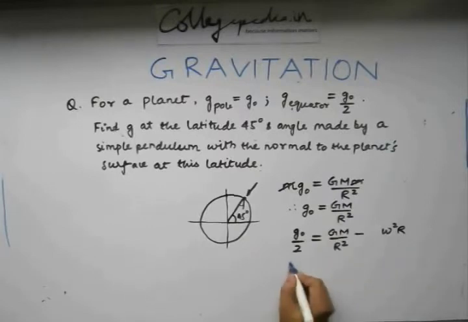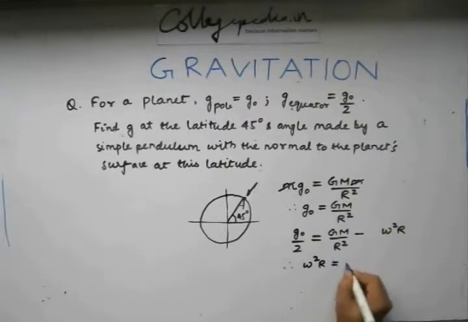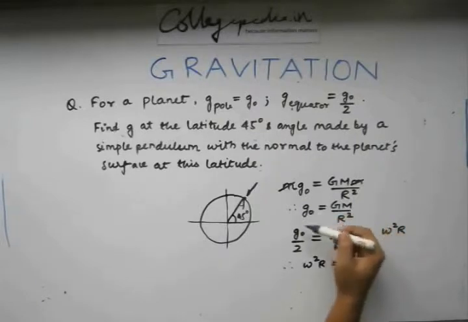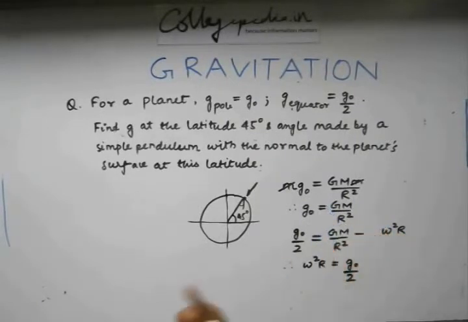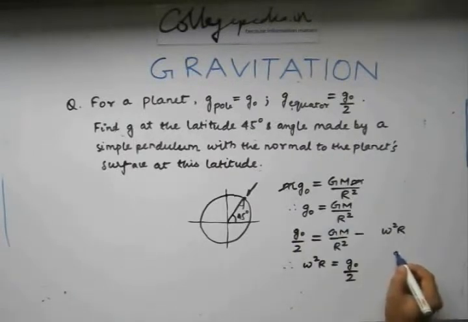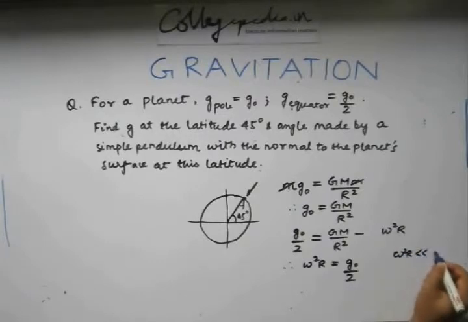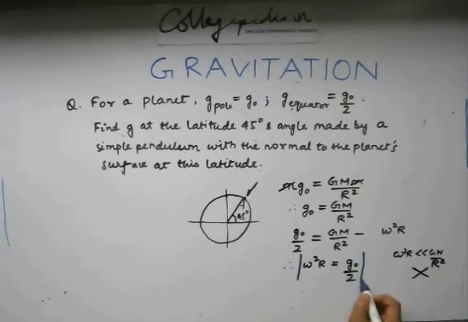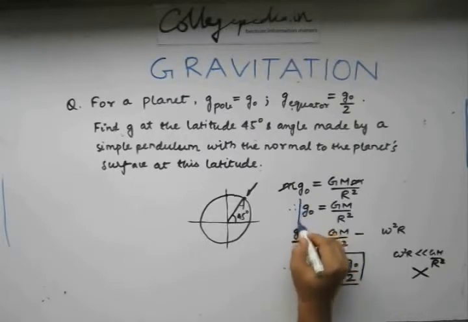From this, we can say that omega square R is equal to g naught by 2. Note that this quantity is fairly comparable to this quantity. Therefore, the assumption that we used to take for calculating tan delta, which is omega square R very less than GM by R square, is not going to be valid here, because these values are fairly comparable.